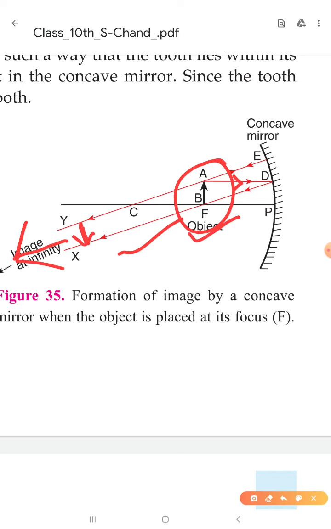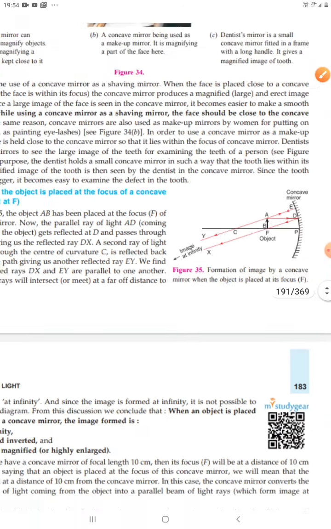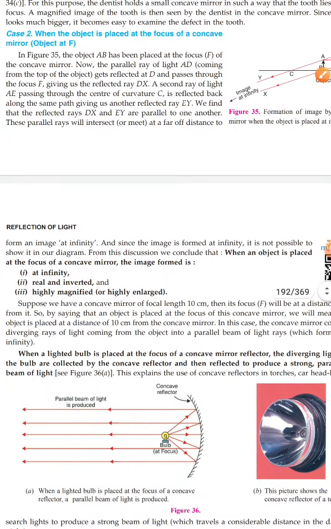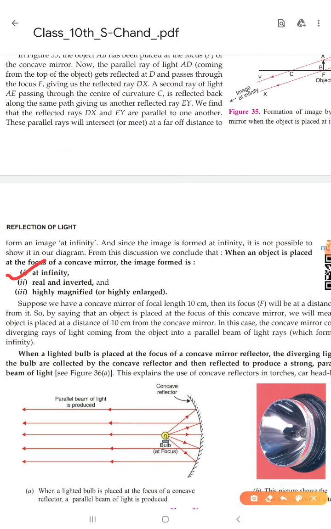So the image of this object will be formed at infinity. So we can say this image will be at infinity, and it will be real and inverted, and highly magnified or highly enlarged.